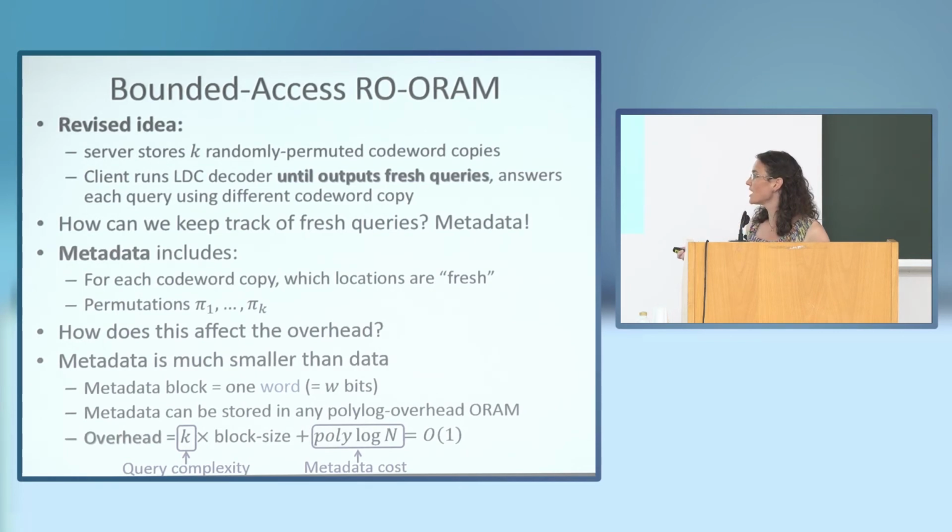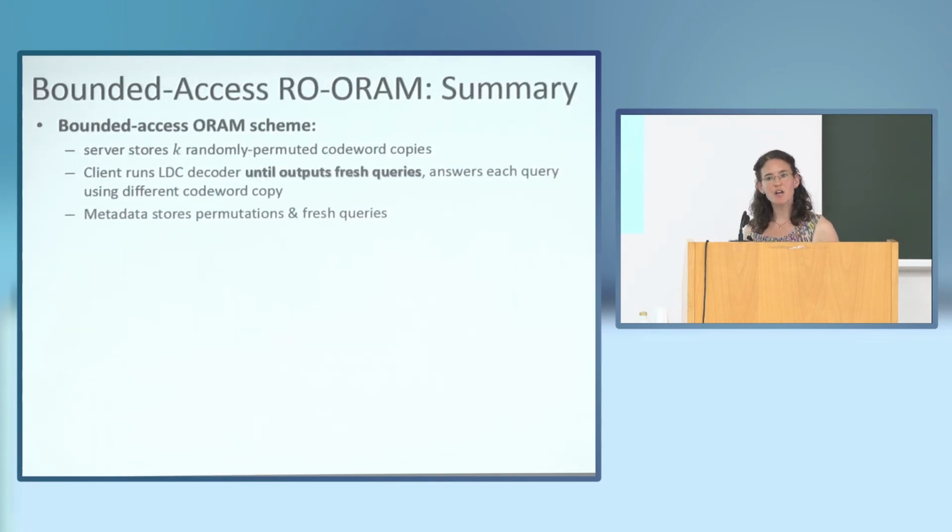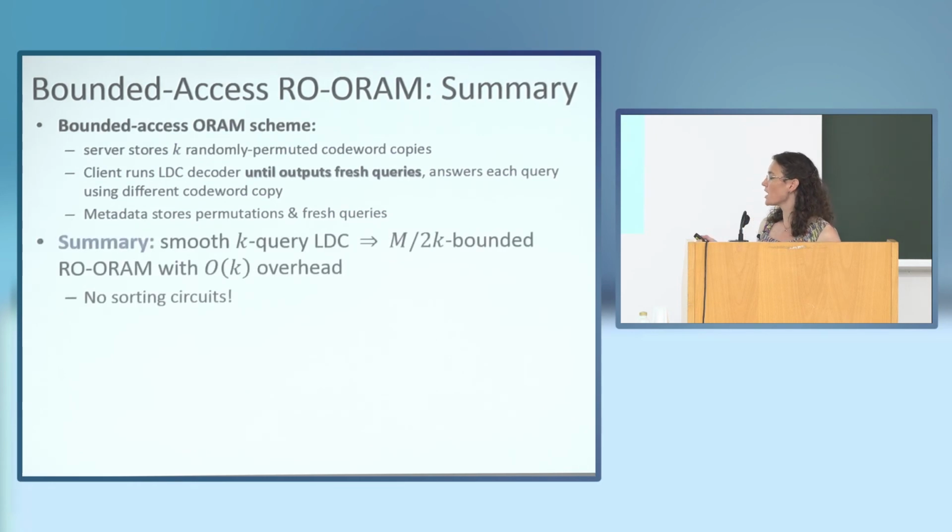So overall, if I start with constant query complexity, I have to access a constant number of blocks. So this is a bit more general than that. If you start with a smooth LDC that has a k-query local decoder, you get a read-only ORAM scheme with order k overhead, which is secure up to codeword size divided by twice the query complexity number of accesses. No sorting circuits, just LDCs.